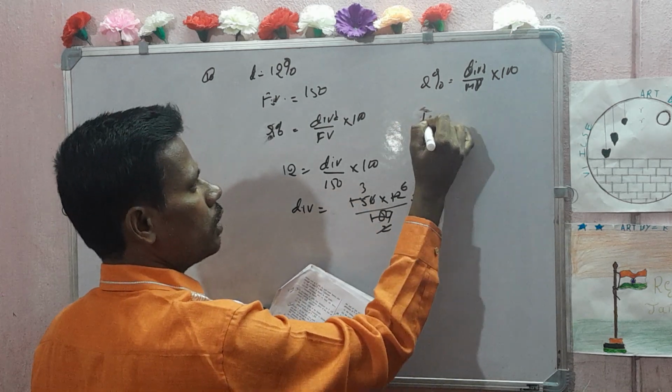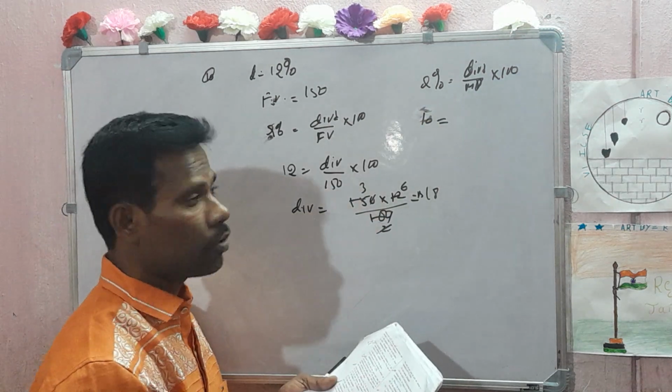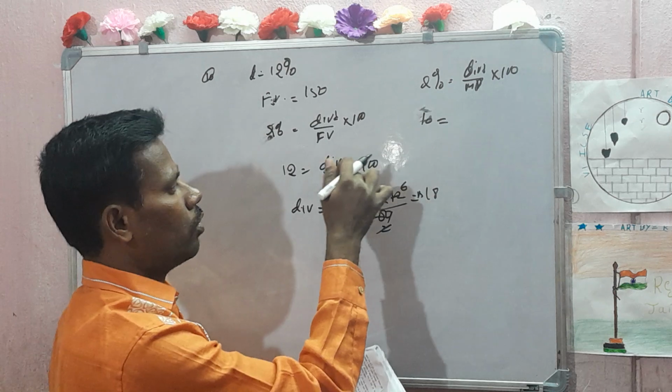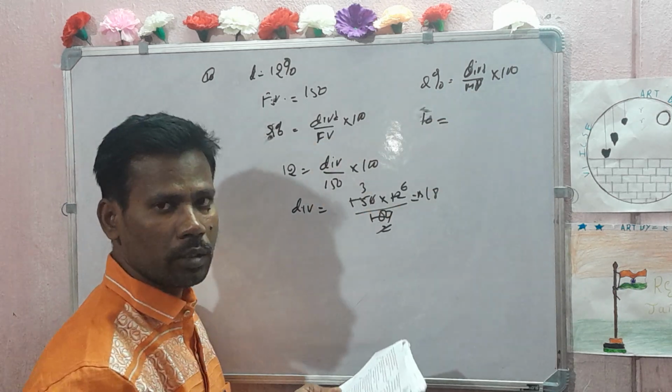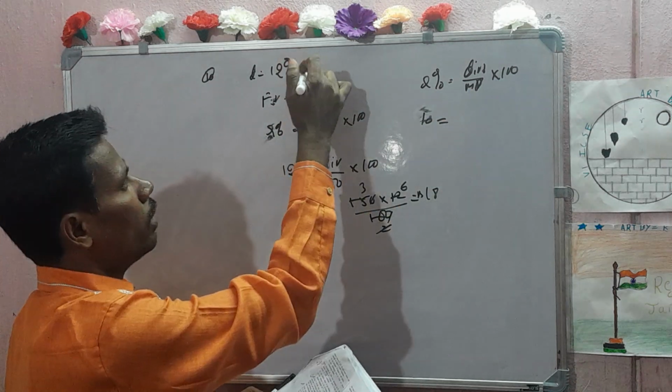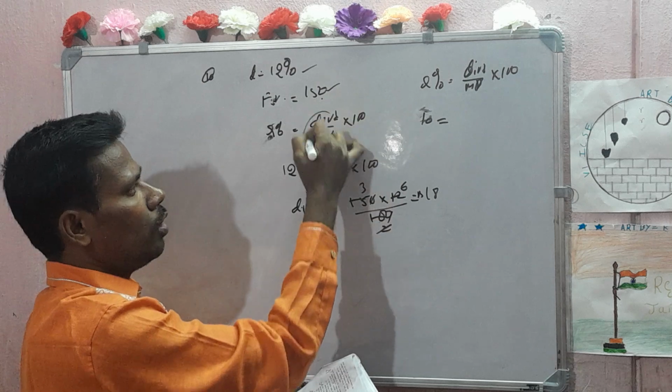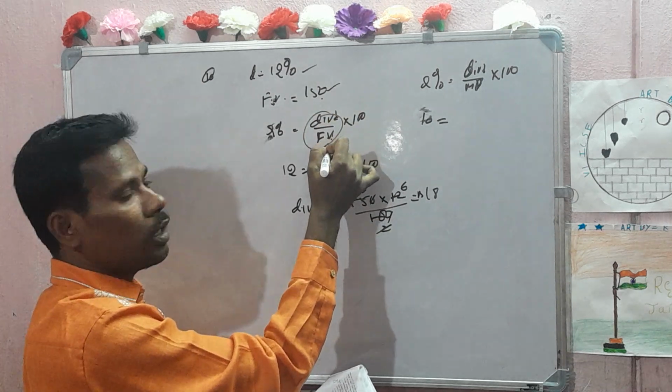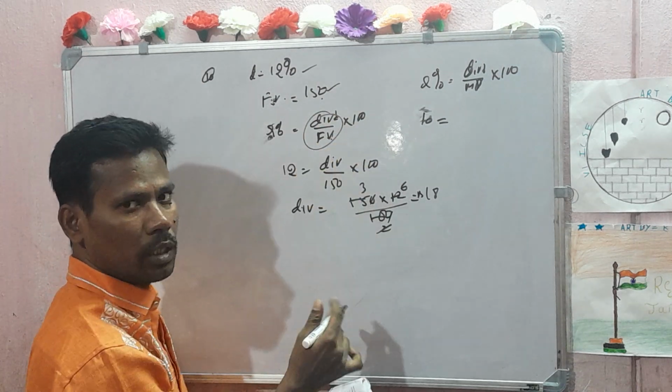So rate percentage is given as 10. It's a very typical question. You need to understand where to apply the face value and where to apply the market price. When dividend percentage is given, with face value, obviously you keep the face value, not the market value.